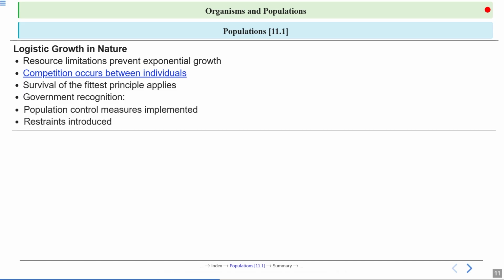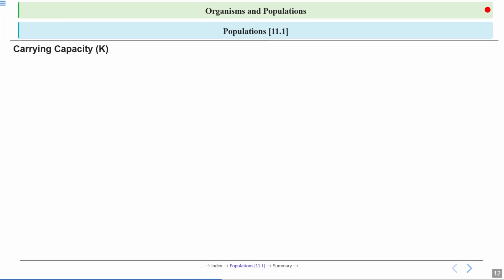Population control measures are implemented and restraints are introduced. These measures can include things like hunting regulations, protected areas, and conservation programs. The goal is to maintain a balance between population growth and resource availability, ensuring the long-term health of the ecosystem.